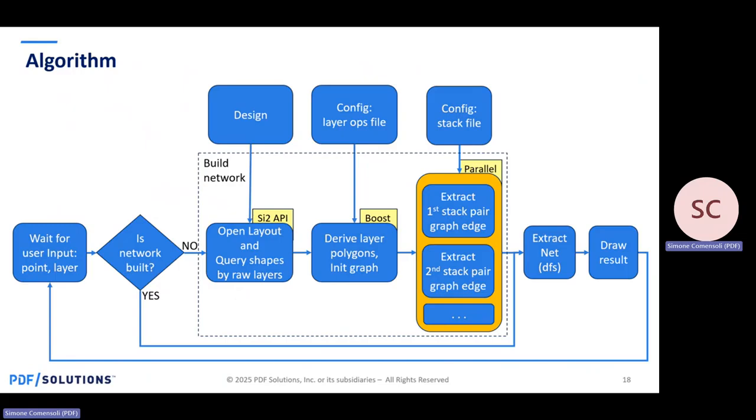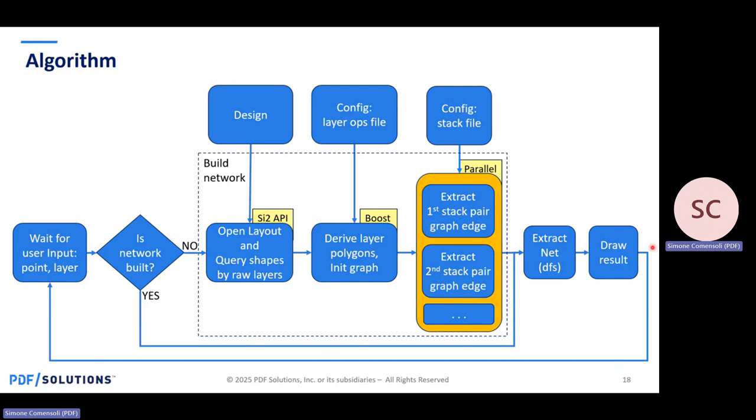Next, we make use of the Boost layer operations to compute derived layers, and we start populating the nodes of a global graph with the polygons. Then, for every connected polygon layer pair specified in the stack file definition, we run a connectivity extraction process.